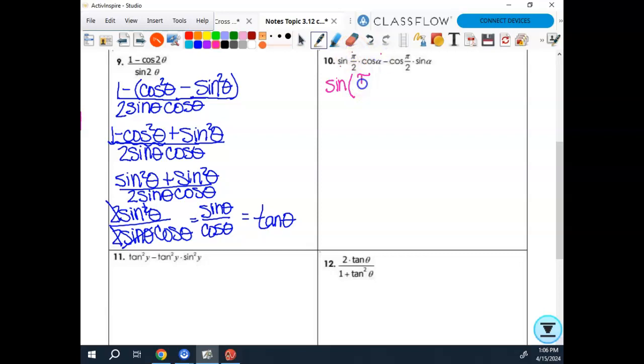So I have pi halves and alpha, and then I just need to decide if it's plus or minus inside of there. Since these 2 change, does the sign change? No. When this changes, the sign does not. If this was sine, sine, then it would be plus. So this is minus.